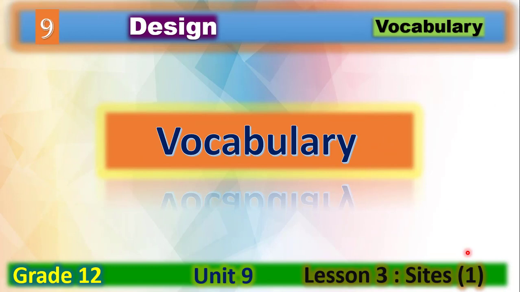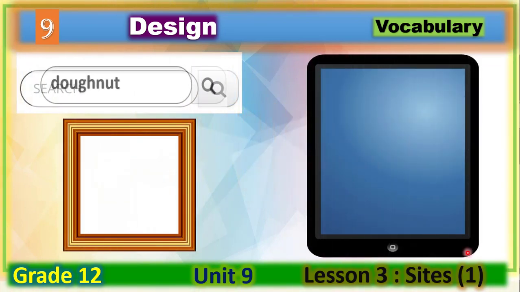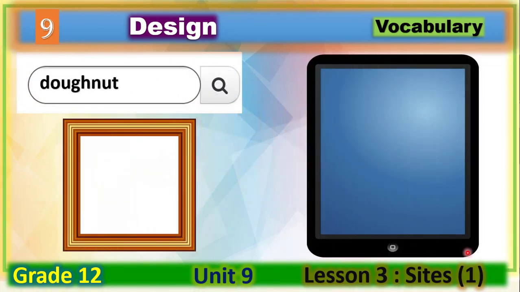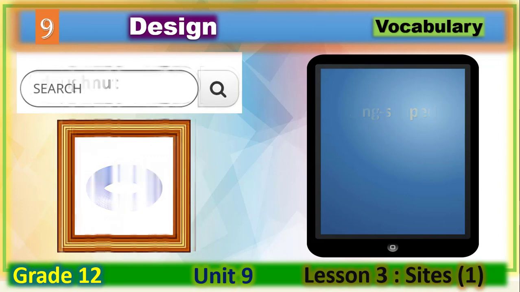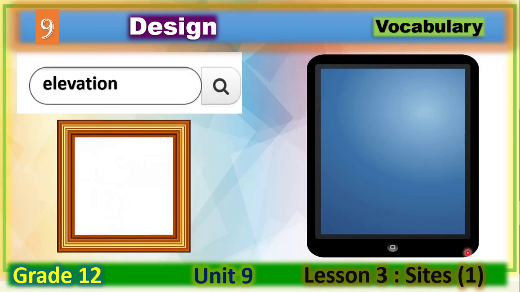Now let's have a look at some vocabulary before we start our lesson. Donut. It's shaped. Elevation.